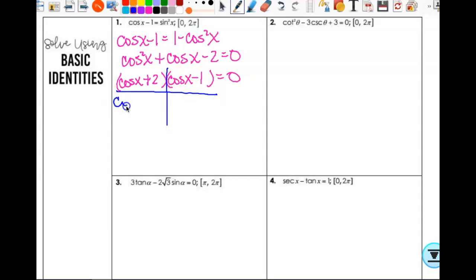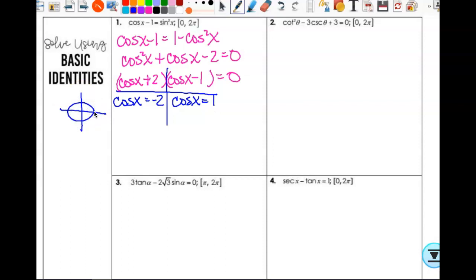This one would give me cosine x equals negative 2. This one would give me cosine x equals 1. Right. Then we look at what part of the unit circle we're using here. So we are going from 0 to 2 pi. That's the entire thing. Right?